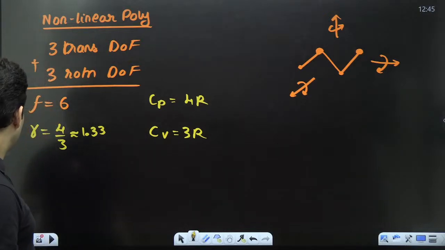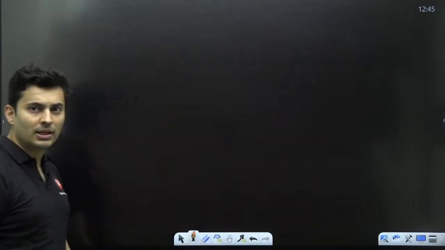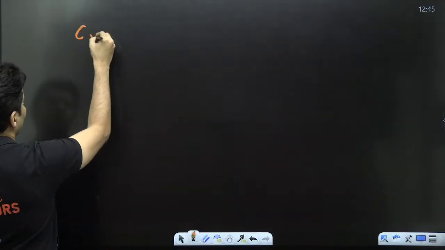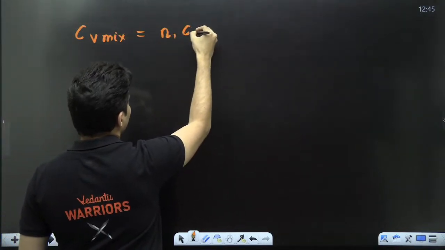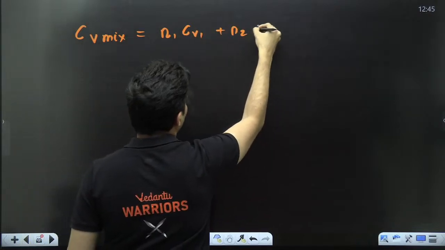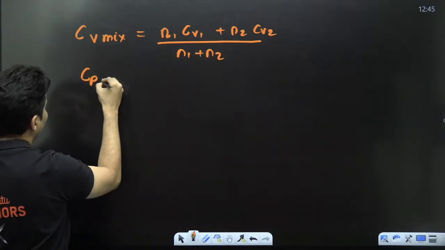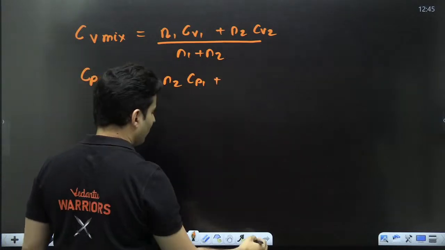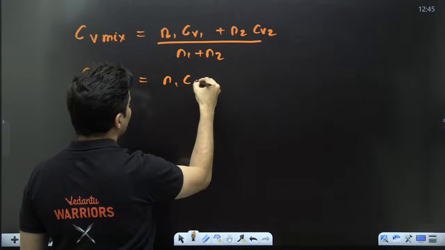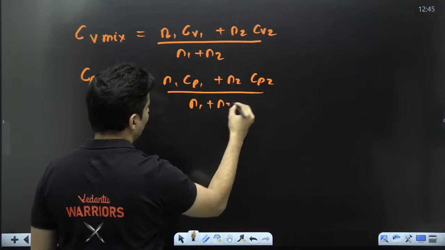Very good. You might also get questions where you have to find the mixture's CP or CV values. If you want to find the CV of the mixture, all you do is N1 CV1 plus N2 CV2 upon N1 plus N2. If you want to find the CP of a mixture of gases, N1 CP1 plus N2 CP2 upon N1 plus N2.